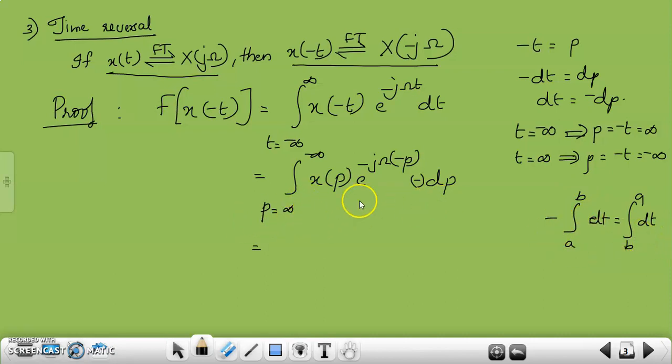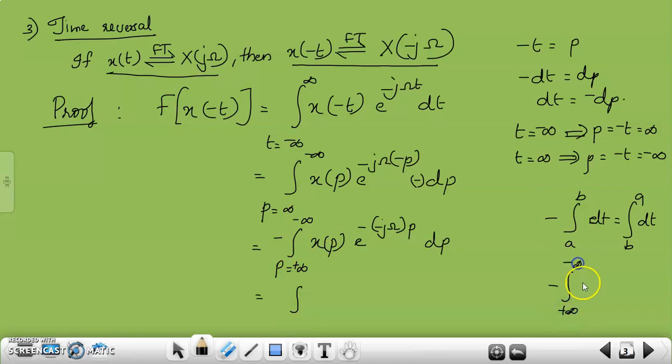So this I can write with the minus sign coming here: minus integral p from minus infinity to infinity, x of p, e raised to minus of minus j omega p, then dp. This I can again write as integral from plus infinity to minus infinity. So minus the integral from plus infinity to minus infinity is equivalent to the integral from minus infinity to infinity.